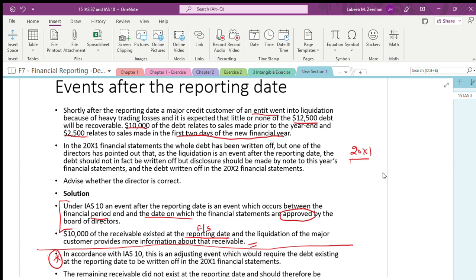If anything is coming after the reporting date, we have to make sure that the amount as on the date of receiving is a receivable.